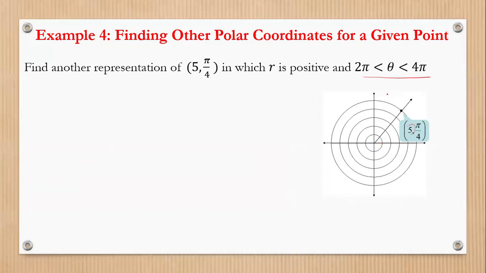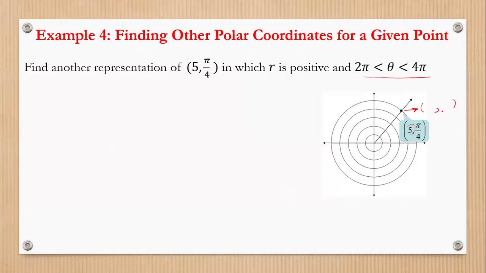Since r is 5, we need to show the point on the 5th circle from the origin. And since we want an angle between 2 pi and 4 pi, we need to add 2 pi to this angle, because we need to find the same point for this location, but with an angle between 2 pi and 4 pi.